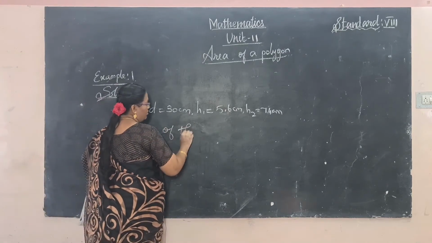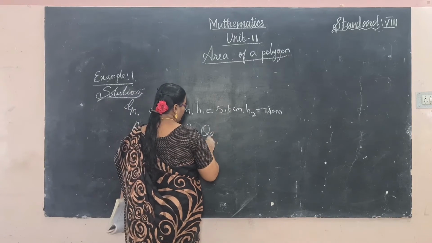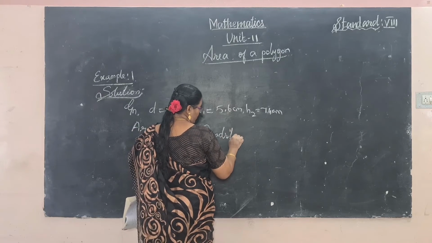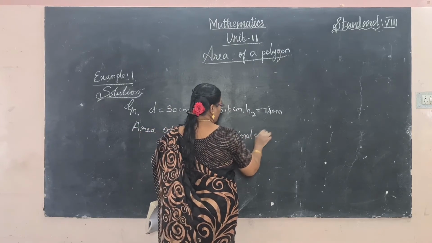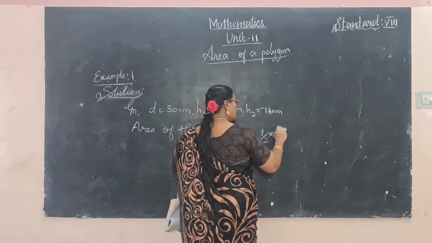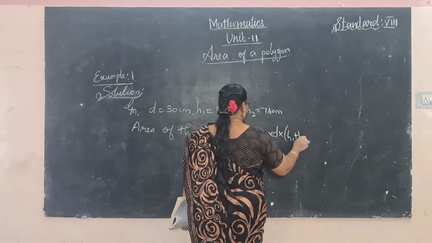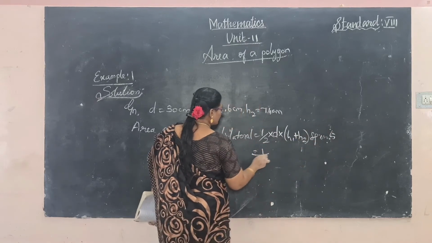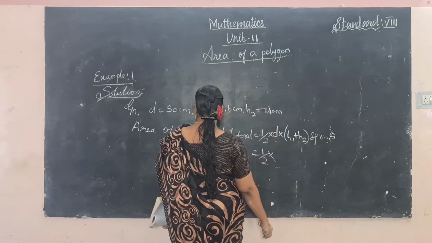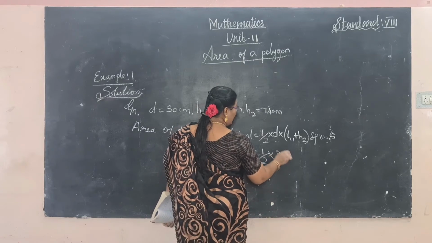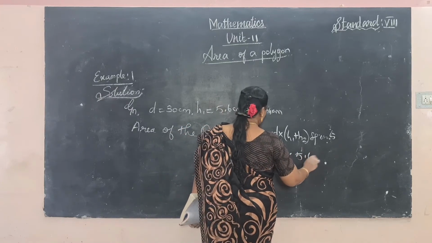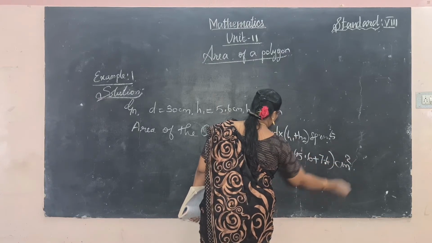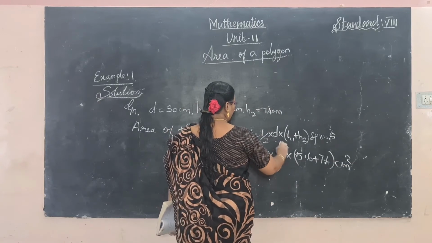Area is equal to half into diagonal into sum of the perpendiculars square units. So half into d1 value was 30, h1 value was 5.6 plus 7.4 centimeters square. It will cancel, 15.